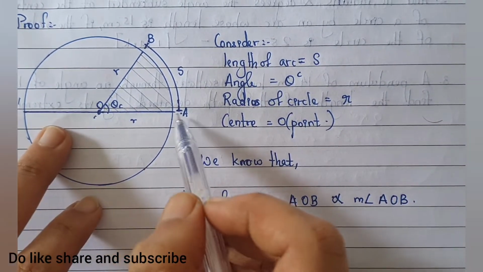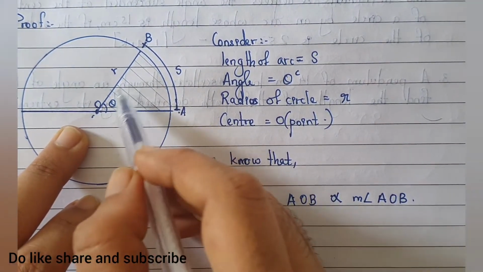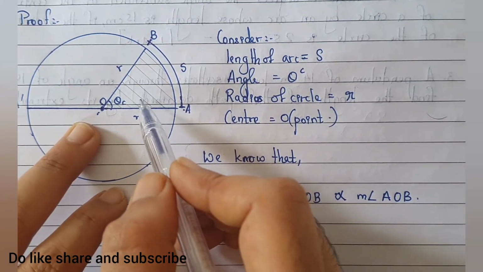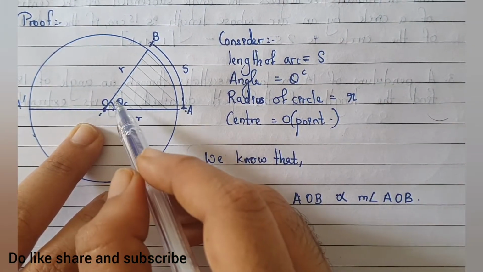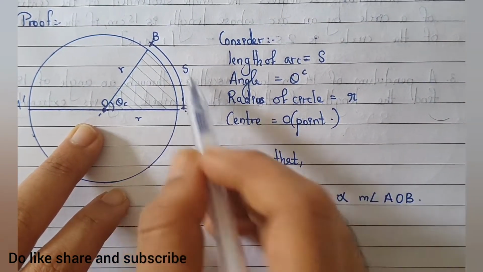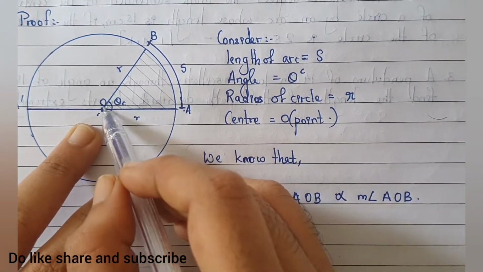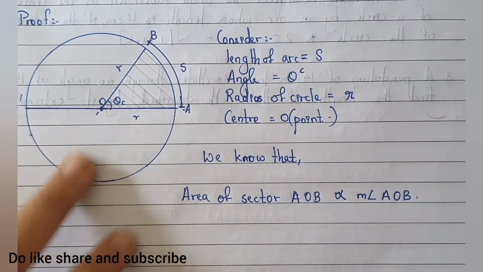See, AOB is the area which we have to find, or you can see this shaded part. We have to find this, and here it is given from the figure that the area of sector of this shaded portion is proportional to the angle made at this point O, that is AOB respectively.